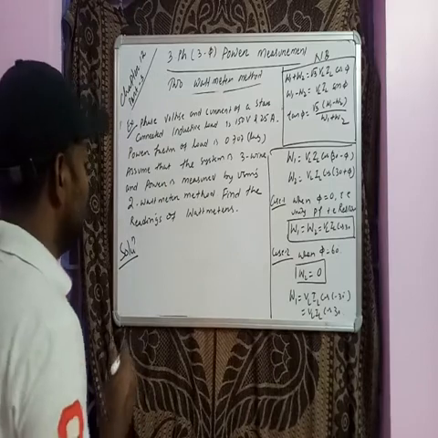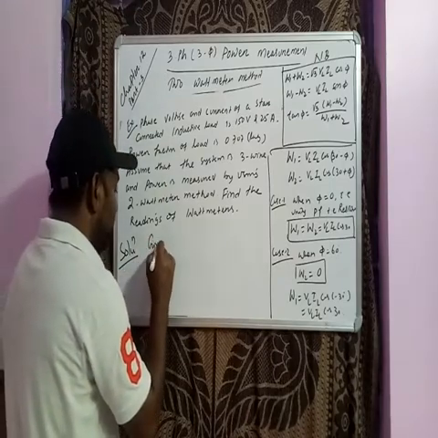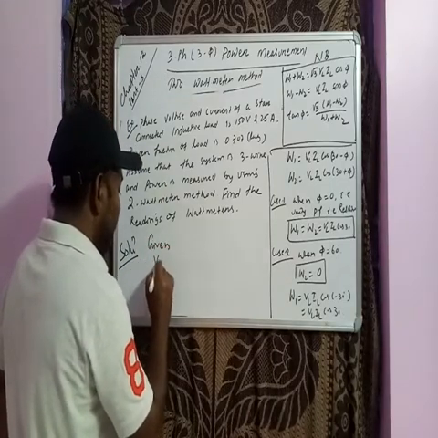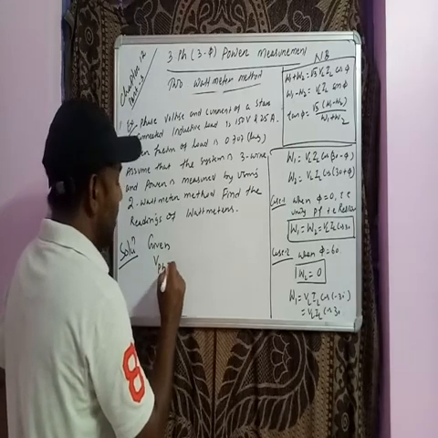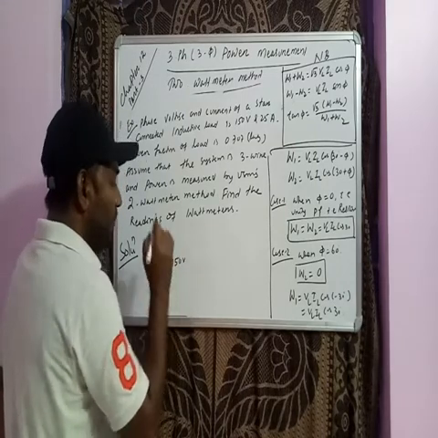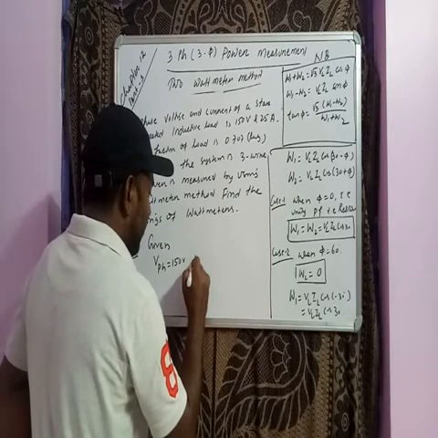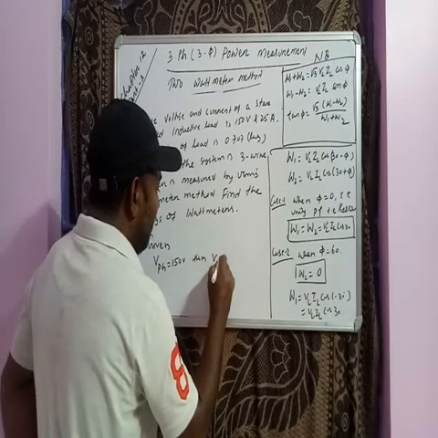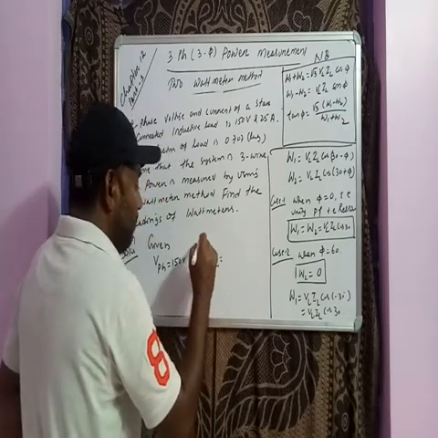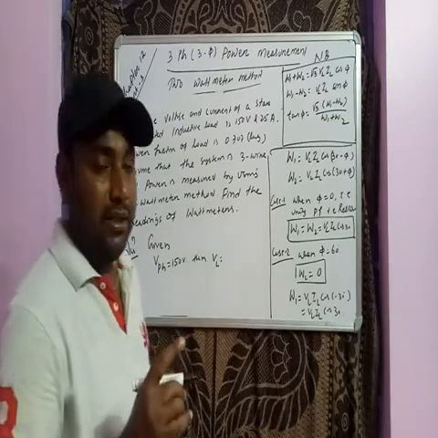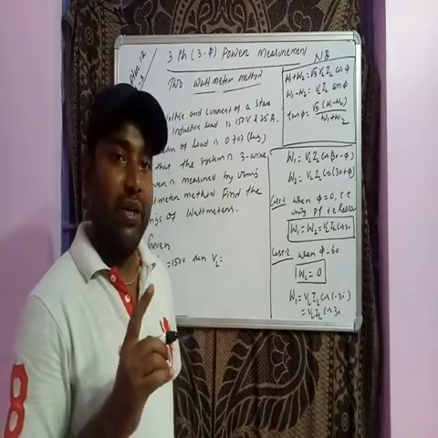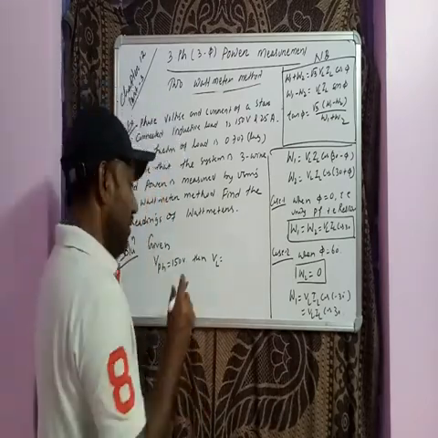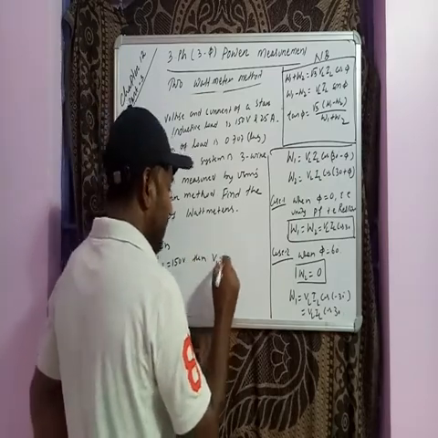Phase voltage is given. So what are the given here? V phase is given. How much? 150 volt. Then what is our VL? VL is equal to root 3 V phase.